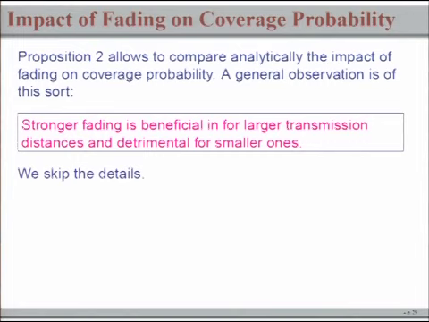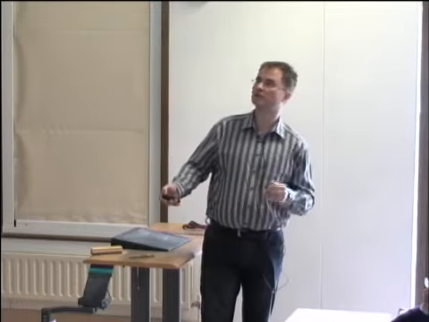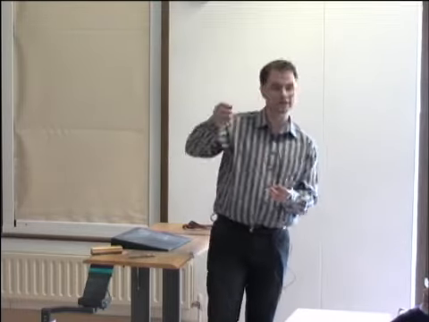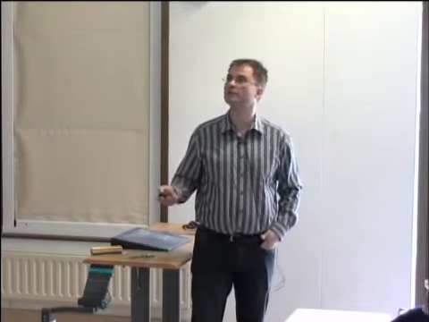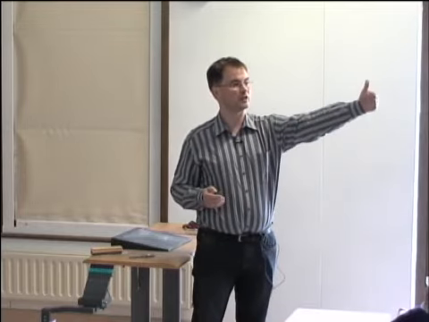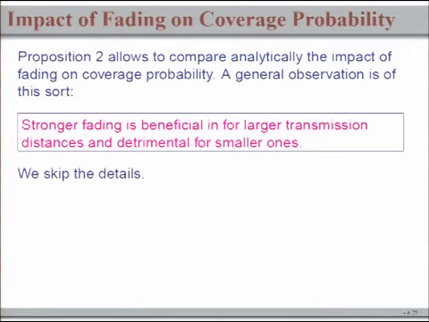Okay, so having this more general result, we can study, for example, what is better: strong fading, a higher variance of this channel quality, or a smaller one. So there are examples. You just trace the curves for different variances and show, for example, for the coverage probability, that fading is good. It helps for communications over larger distances, but it's rather bad for communications over short distances.